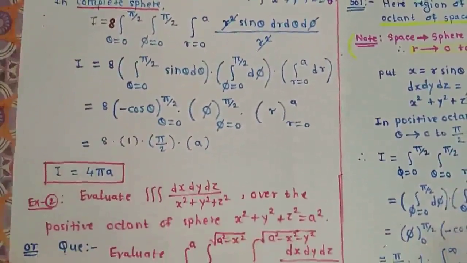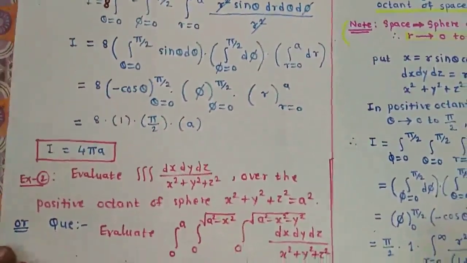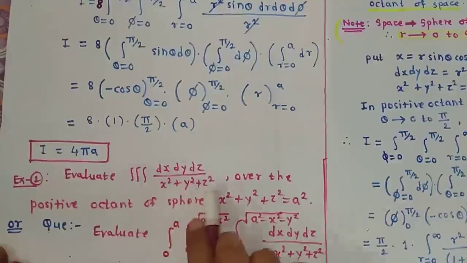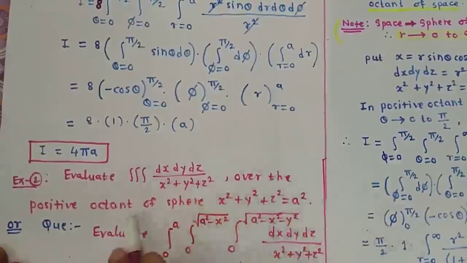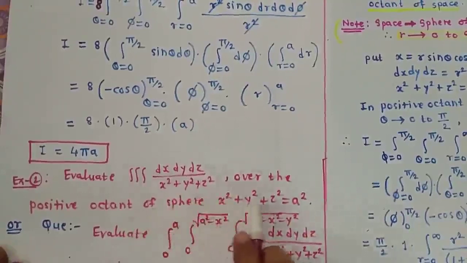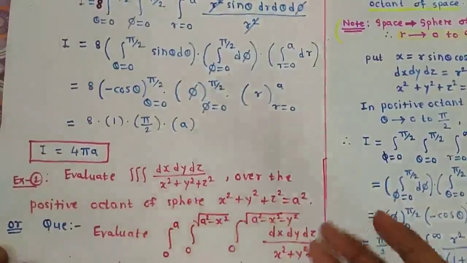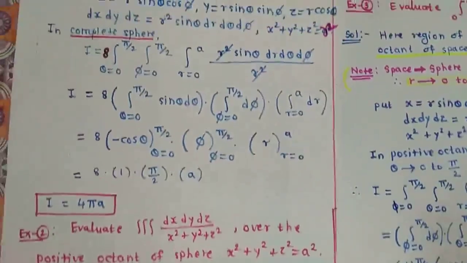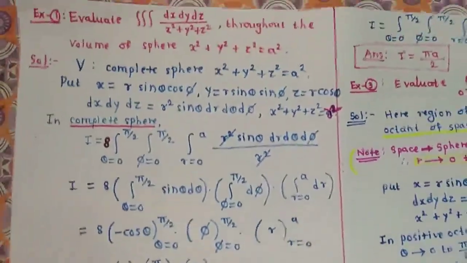Evaluate the triple integration dx dy dz upon x square plus y square plus z square over the positive octant of the sphere x square plus y square plus z square equals a square. This question is quite similar to our previous question, if you observe, right?